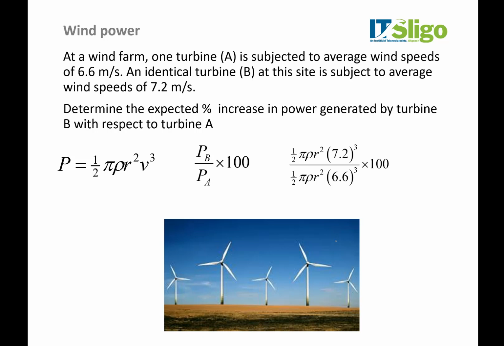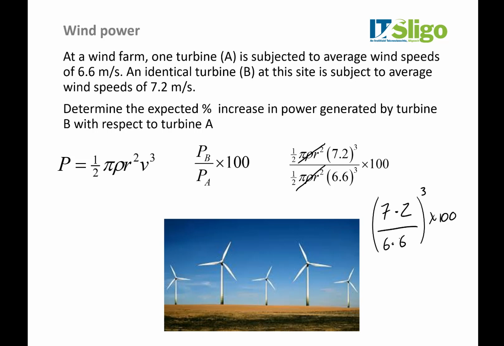When we feed everything in, we don't have any values for air density and radius, but we don't need them because they'll actually cancel out. So now again, we're really just back in that scenario of new over old, because we're looking at wind power in relation to speed. That's a cubic relationship.